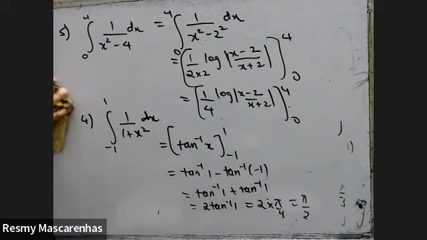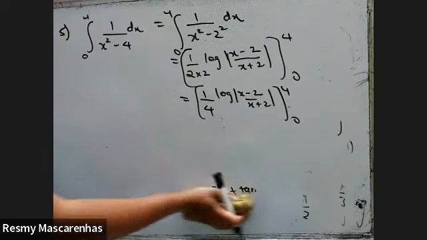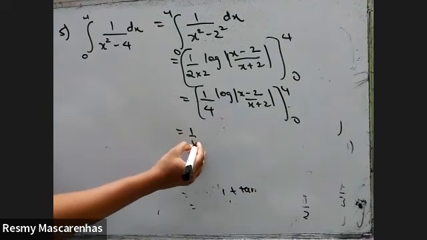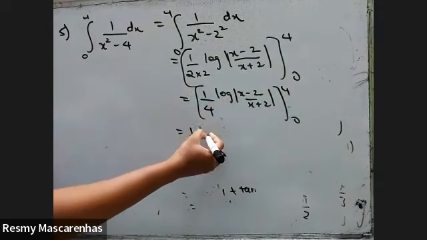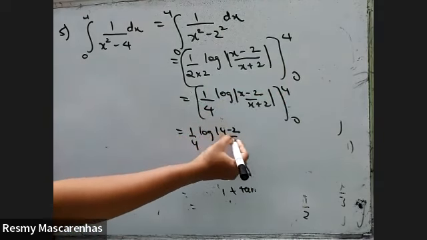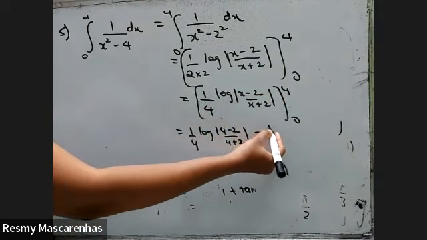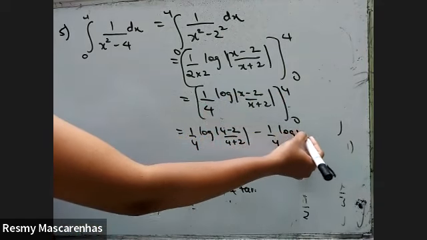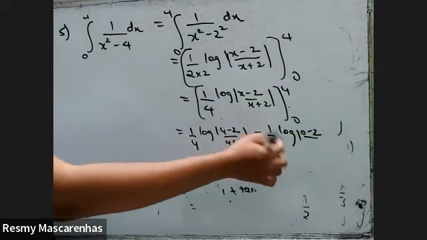You can keep this 4 out also, no problem, or you can directly substitute. Now wherever there is x, put 4. Then put 0 everywhere.